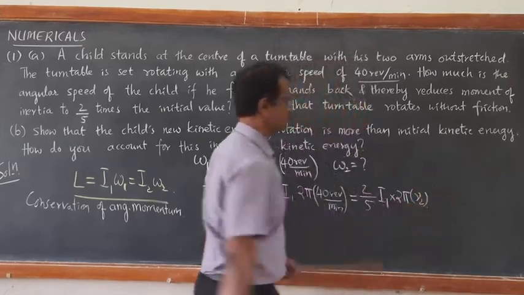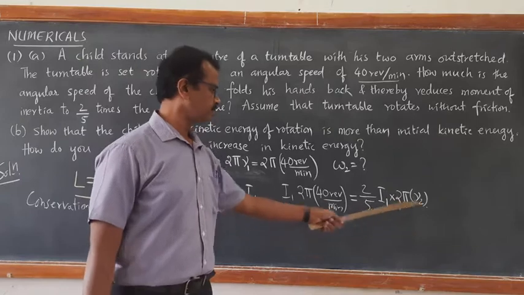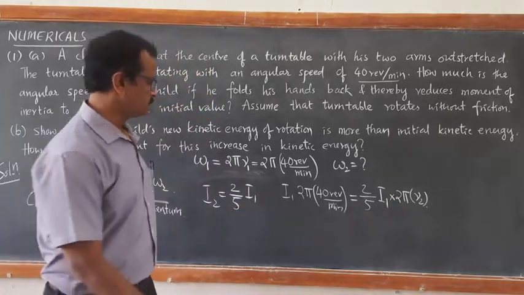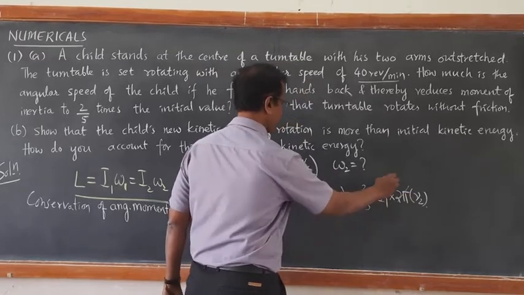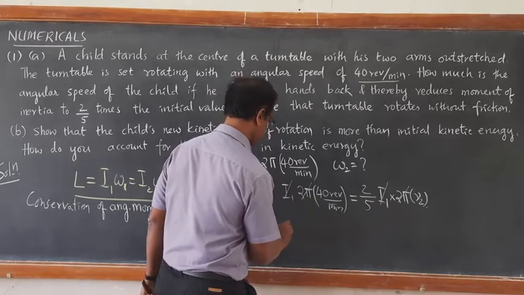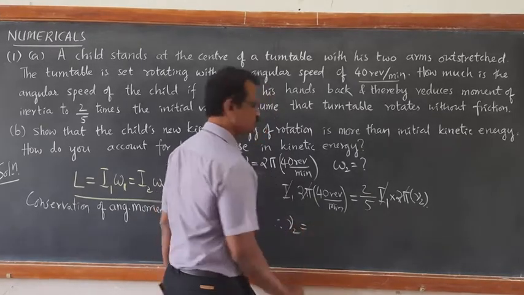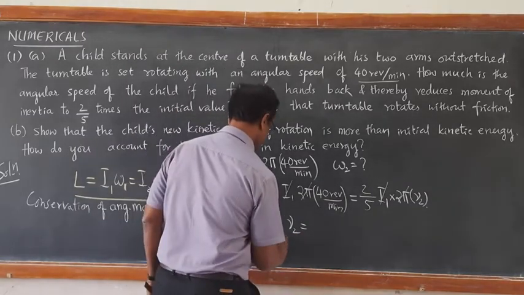So directly he has asked to calculate omega 2. First we will calculate this frequency. So 2 pi cancels, so I1 also cancels. So definitely we can calculate nu 2, how many revolutions per minute. That is the new frequency.